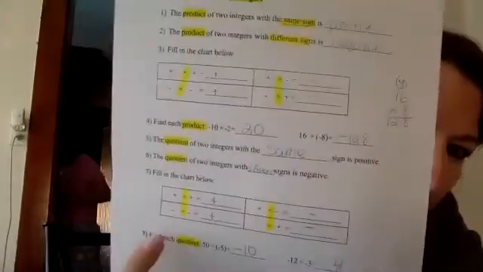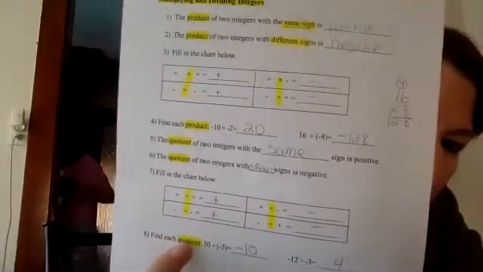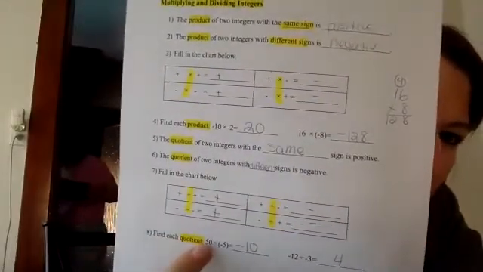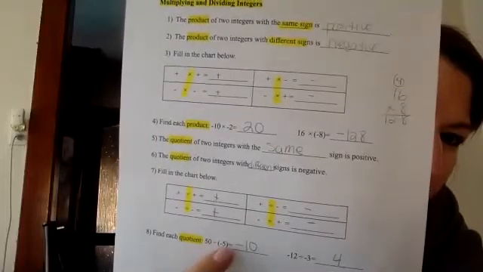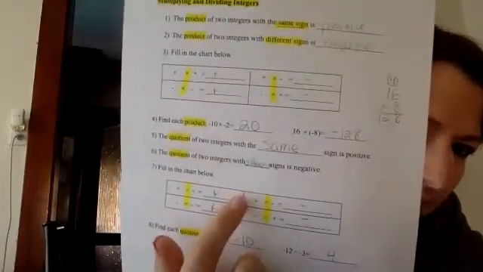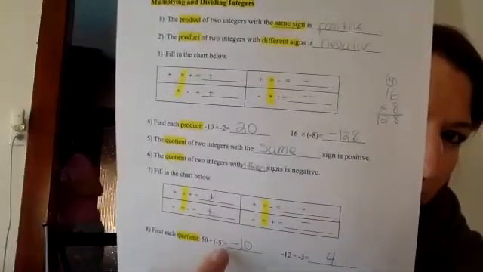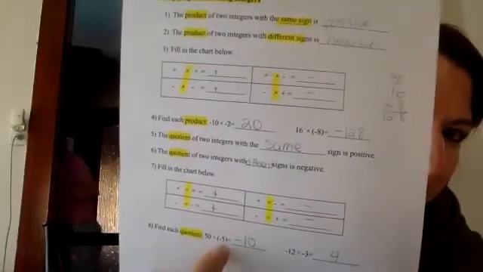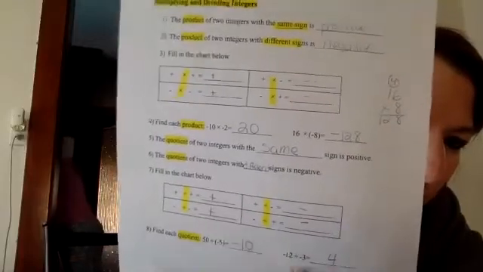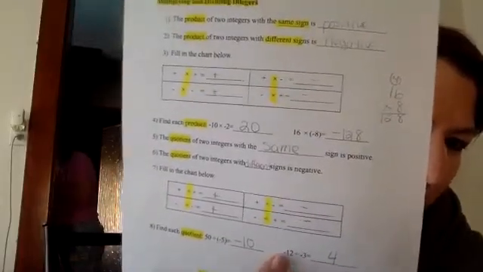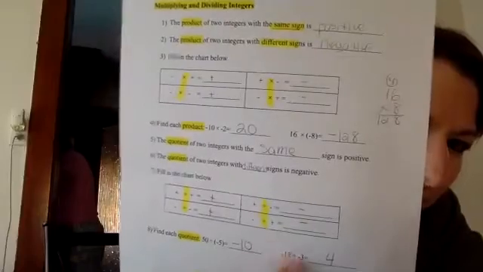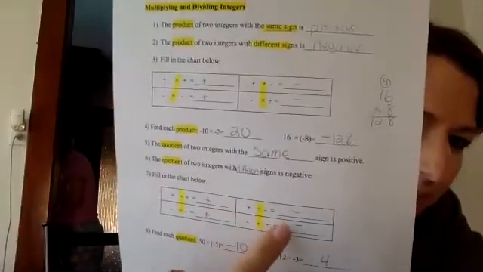Now here, find the quotient. So 50 is positive divided by a negative. A positive divided by a negative gives me a negative sign, and then I just do the division and I get 10. So the answer is negative 10. On this one, sorry, I made a mistake.